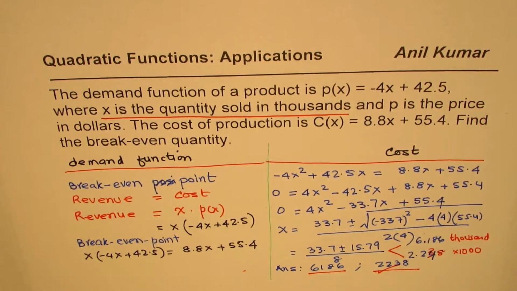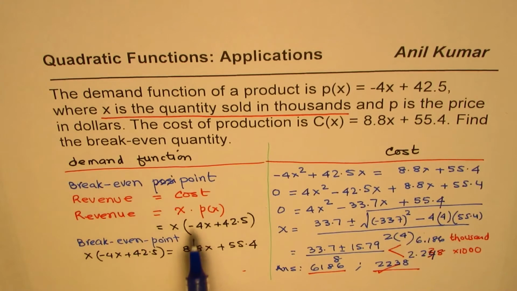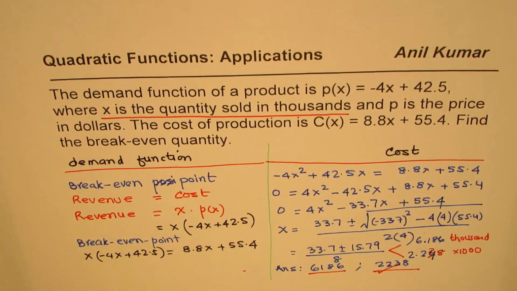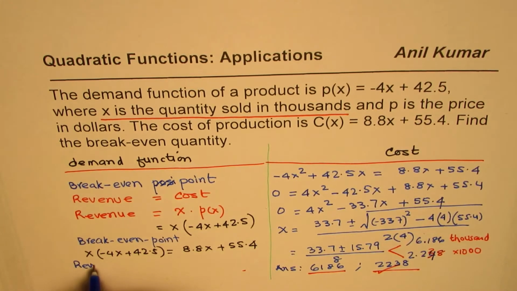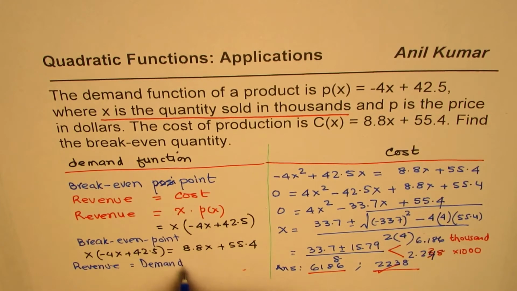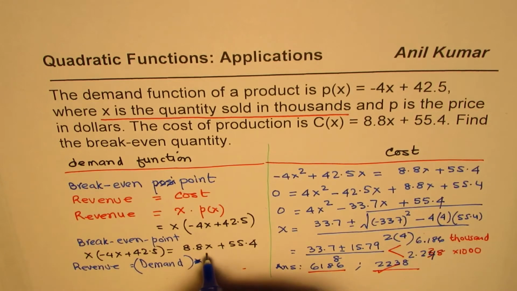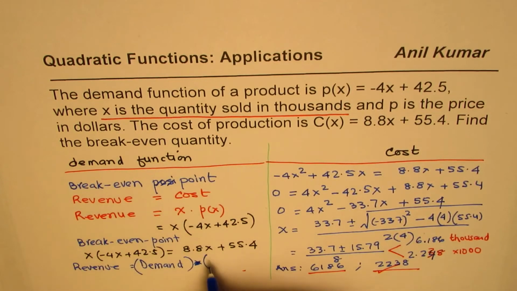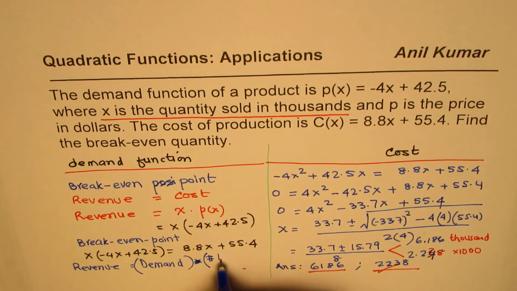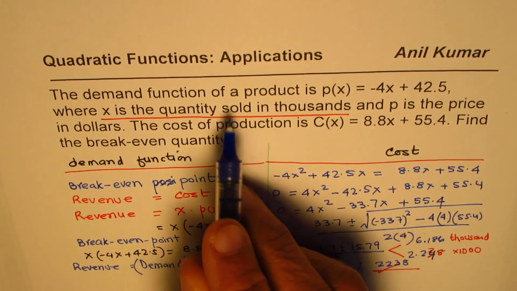But I hope from this video you learn how to find revenue when you're given the demand function. Revenue is the demand function times x, the items sold, right? So let's write down again: revenue equals demand times quantity sold, that is, the number of items produced or sold.